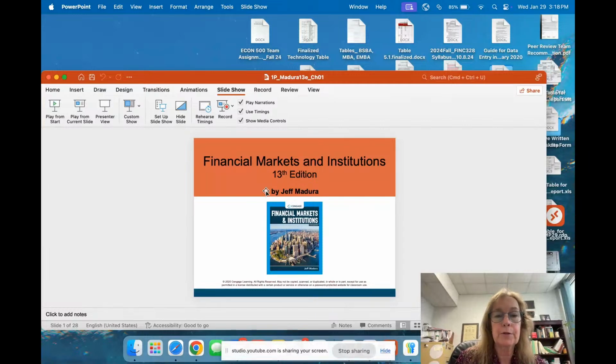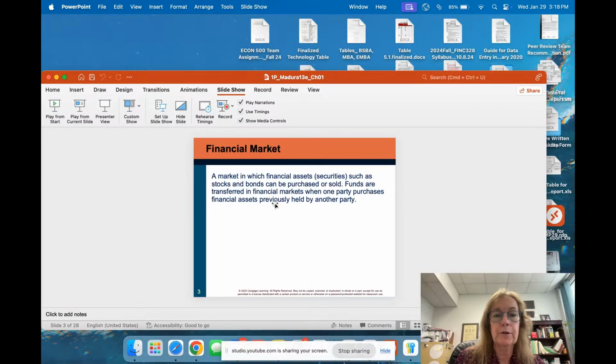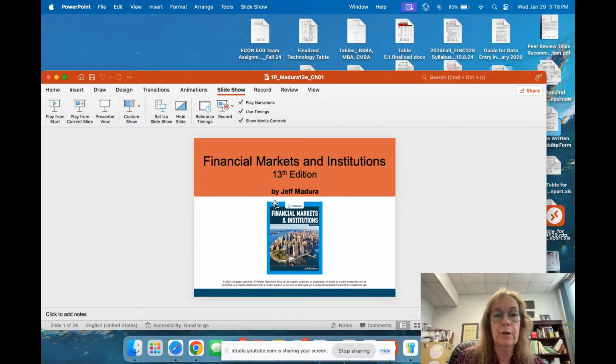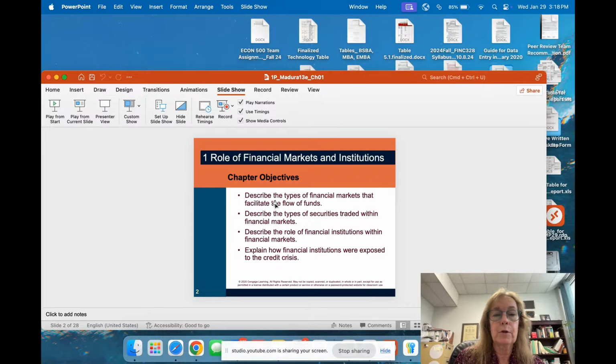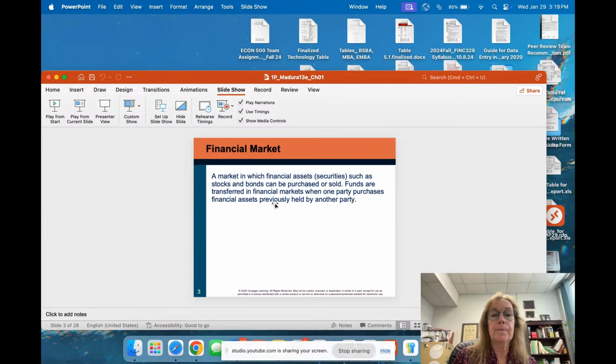Okay, so let's take a look at the slides here, and I'll try to be brief. In this chapter, they're talking about financial markets and institutions and the role that financial markets play in bringing together borrowers and savers.